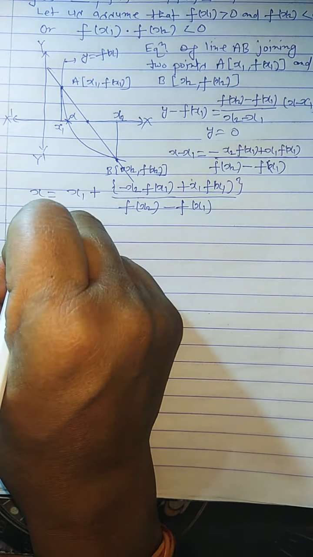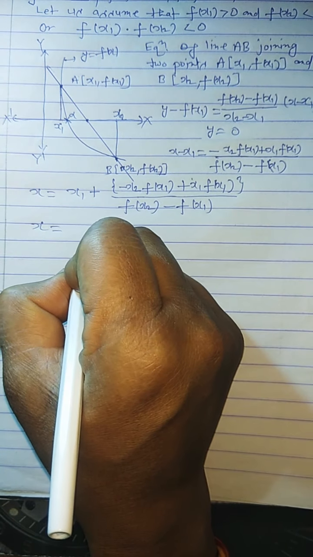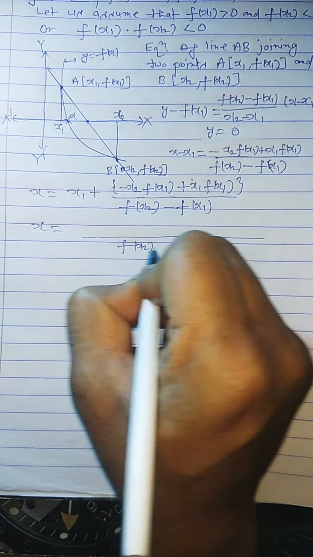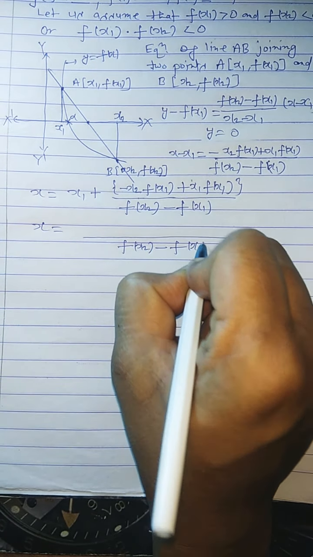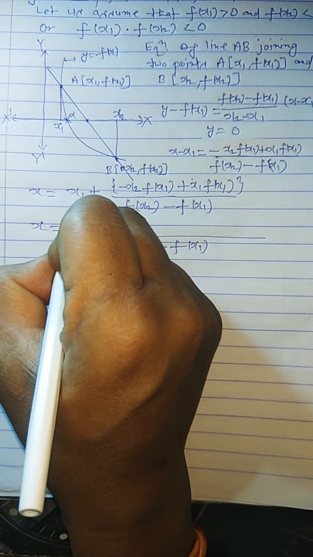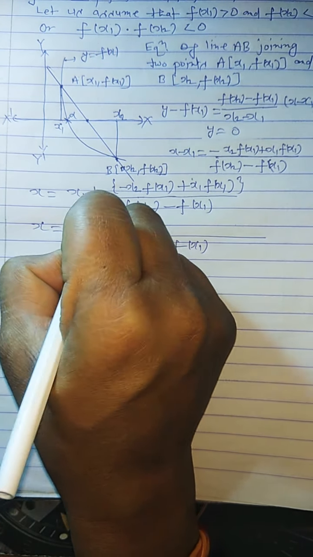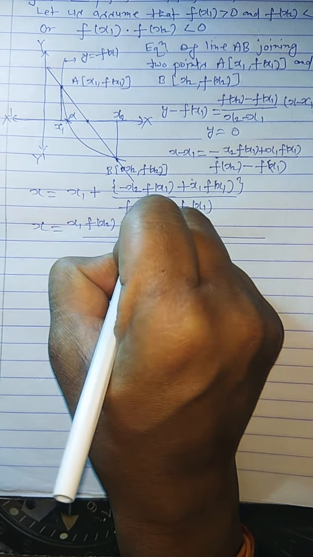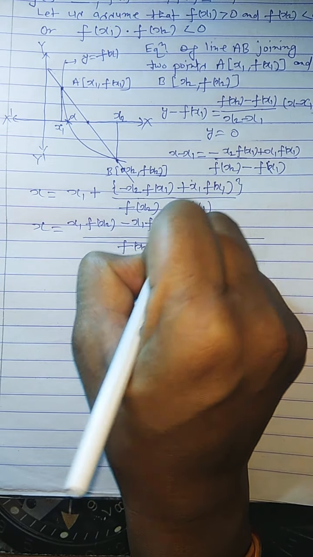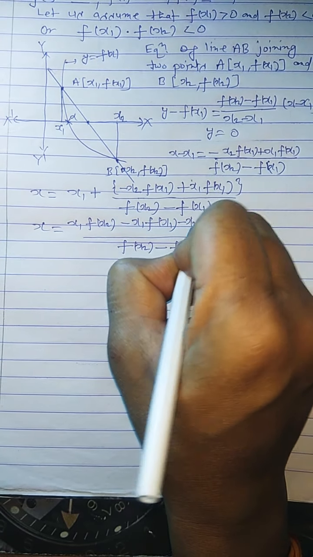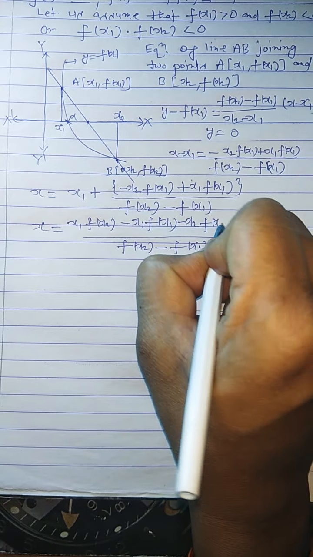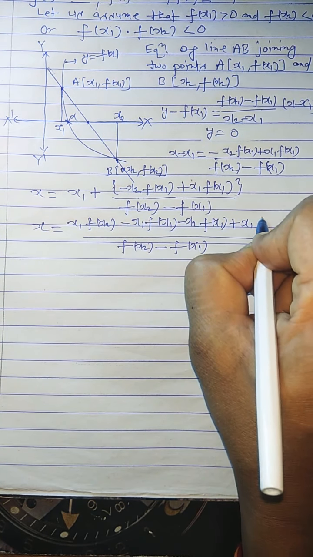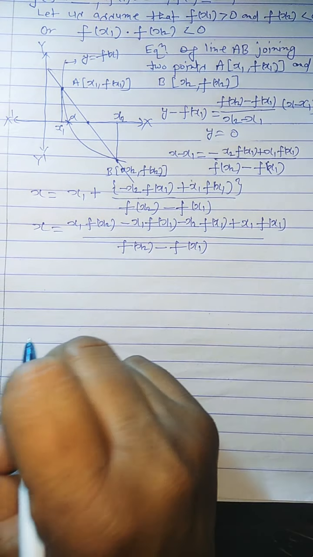That is, x equal to x1 f(x2) minus x1 f(x1) minus x2 f(x1) plus x1 f(x1), all upon f(x2) minus f(x1).